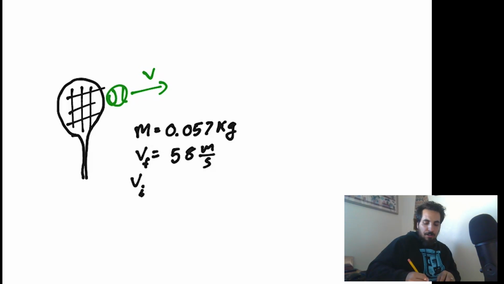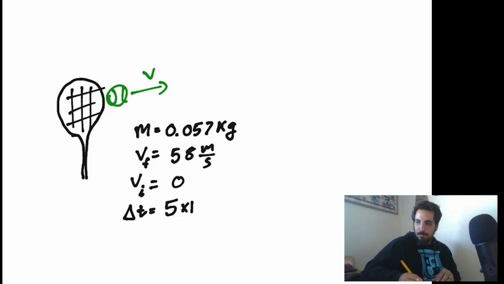And for any serve, the initial velocity is going to be 0. It starts from rest. In a typical serve, the time of impact is going to be about 5 milliseconds, or 5 times 10 to the minus 3 seconds.